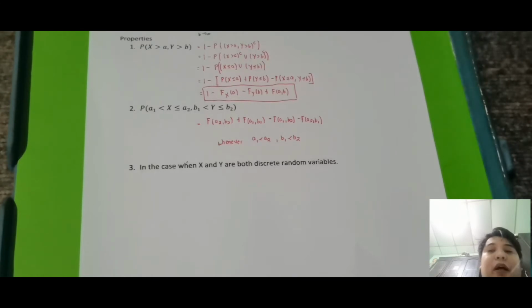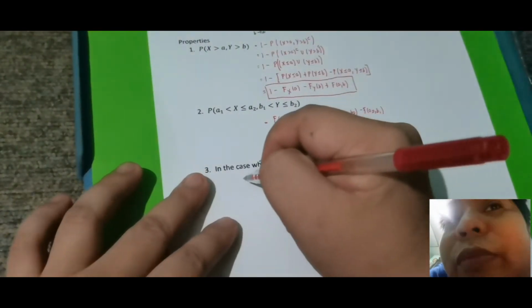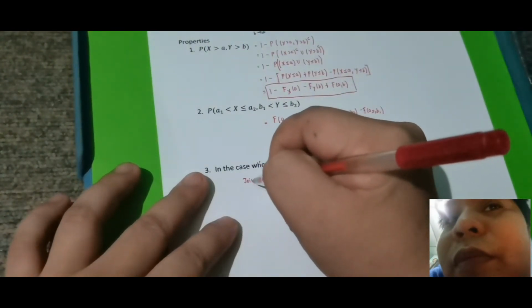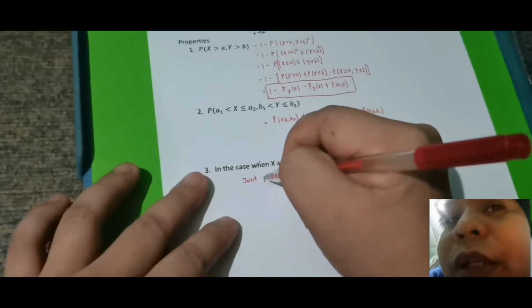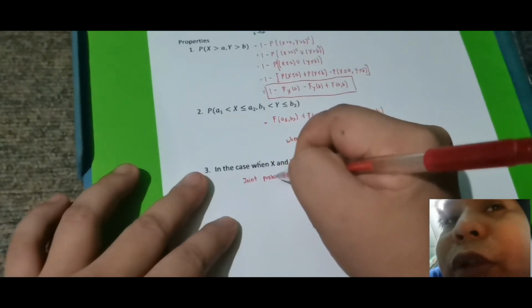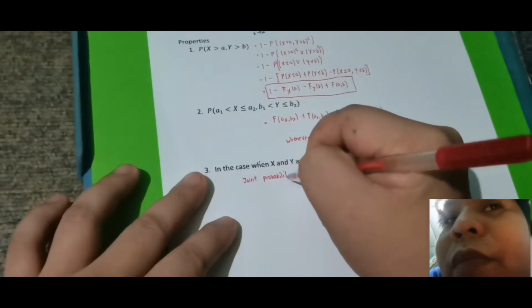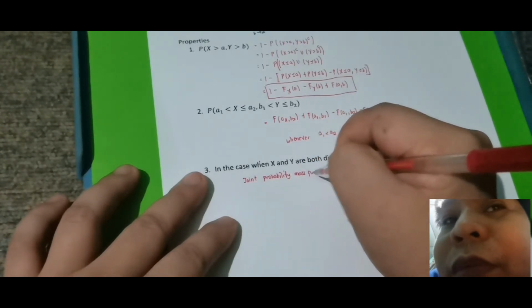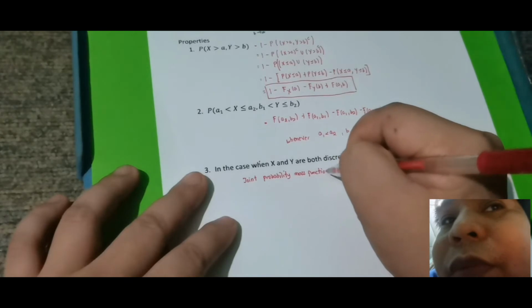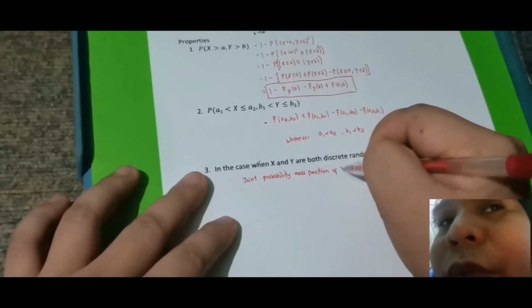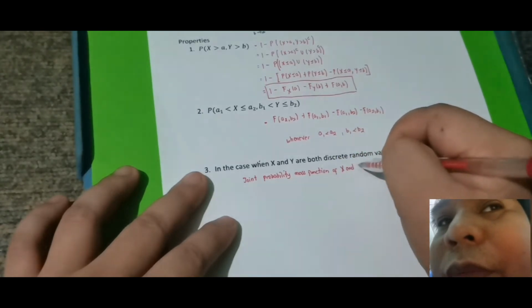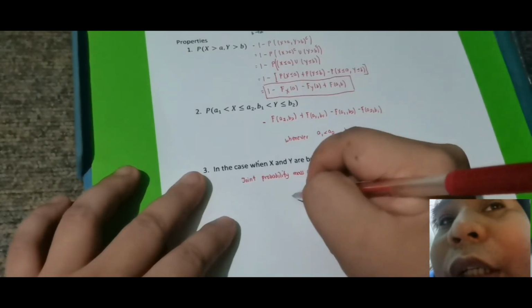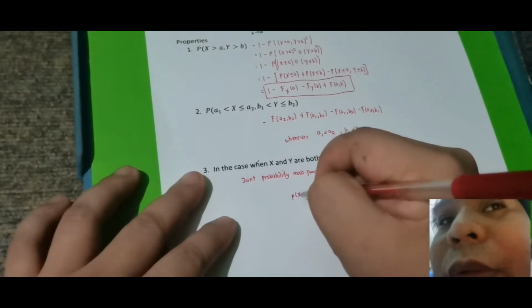random variables, or two or more random variables, ang tawag sa kanya is the joint probability mass function of X and Y. Okay, this is denoted by small p of x, comma y.